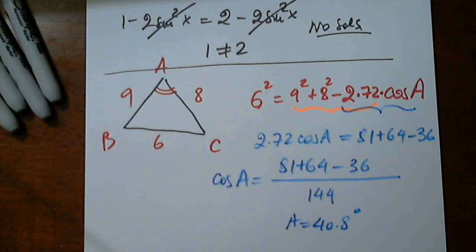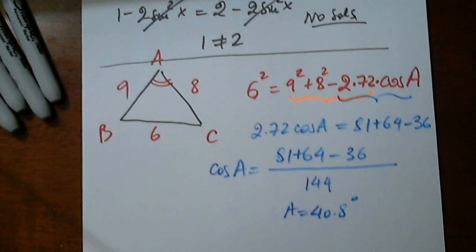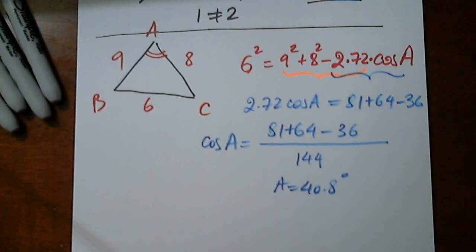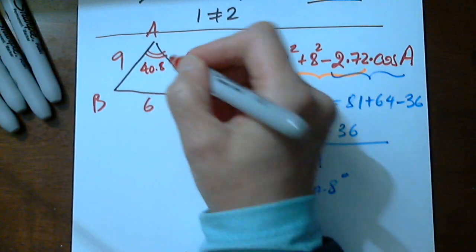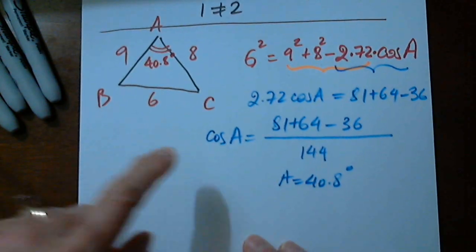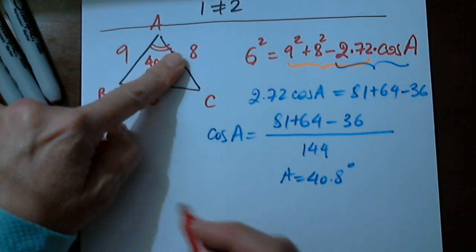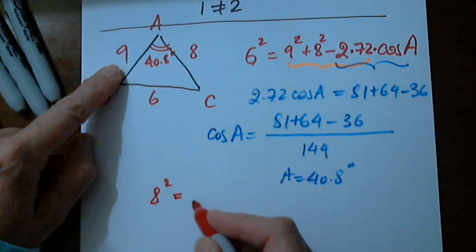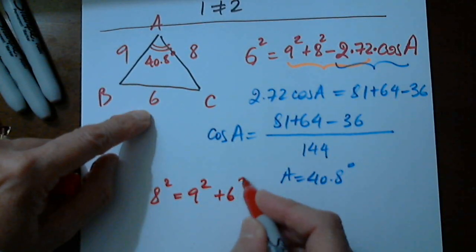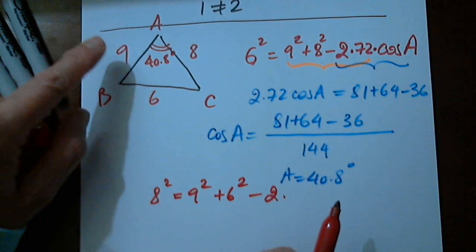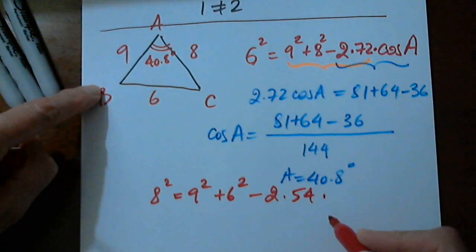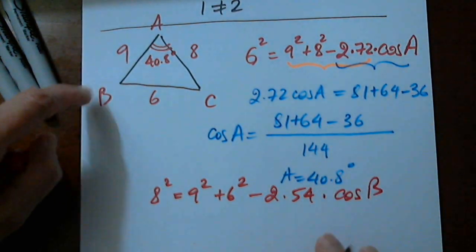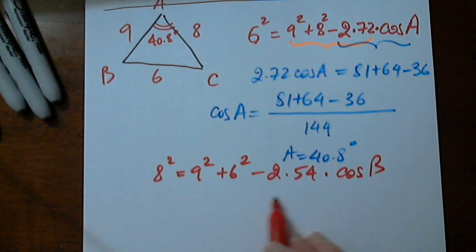I will repeat, yes, you can use law of sines from this moment on, but why? So I have that this is 40.8 degrees. I will do the same thing for B. 8 squared equals 9 squared plus 6 squared minus 2 times 9 times 6 times cosine B. Do not perform this operation.